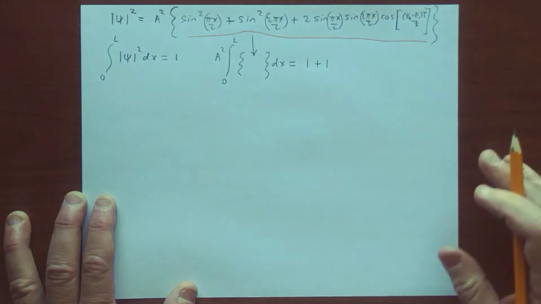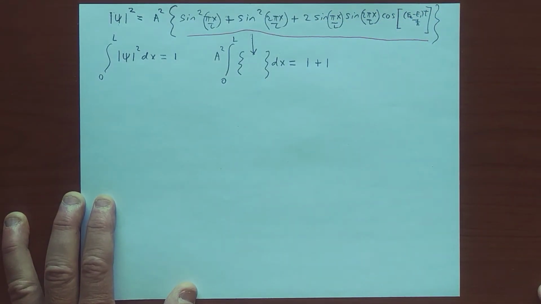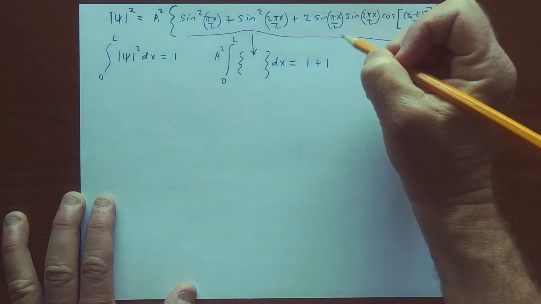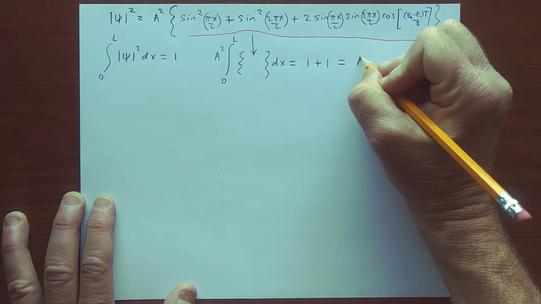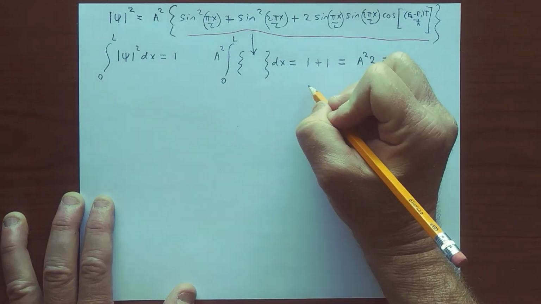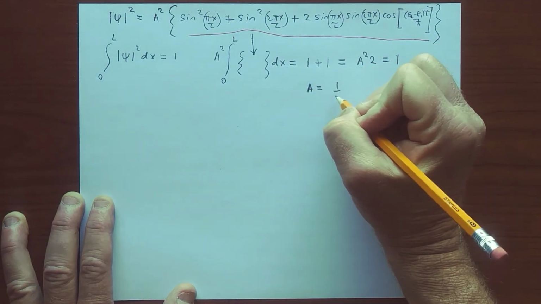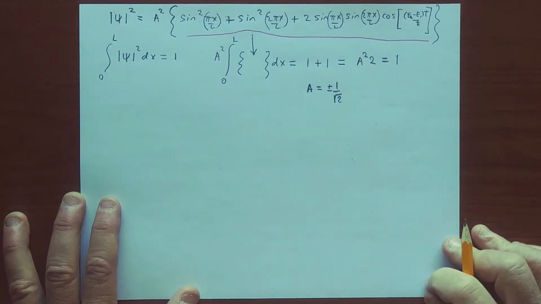And then we saw that, as we expected, the cross term with the time dependence will not contribute to the normalization because it must be true for all times that the probability of finding the particle in the universe in which it lives must be 100%. So that can't be time dependent. And so what we get from this calculation is that a squared times 2 must be equal to 1. And so we conclude that a is equal to 1 over the square root of 2, right? It could be plus or minus. It doesn't make a difference.